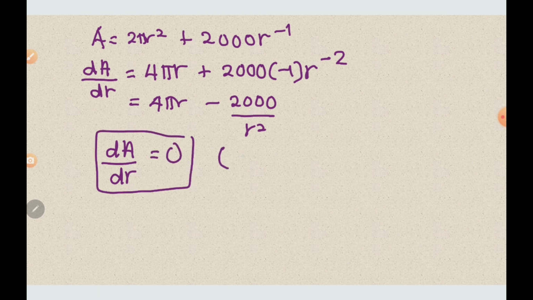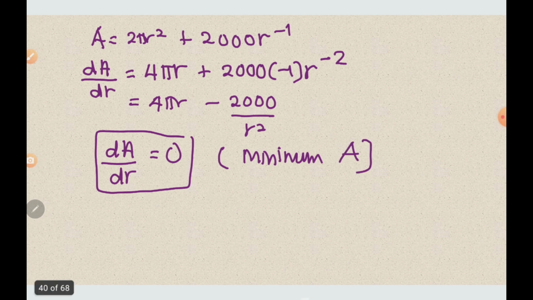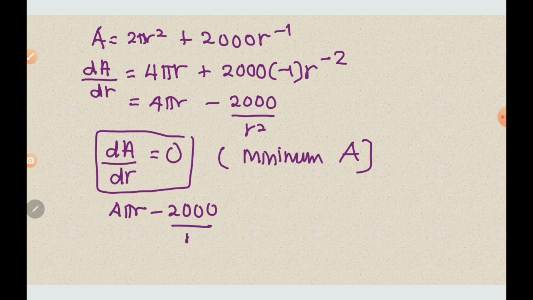This is to get the minimum surface area A. Therefore you will get 4 pi r minus 2000 over r squared equals 0. Therefore you will get 4 pi r is equal to 2000 over r squared.